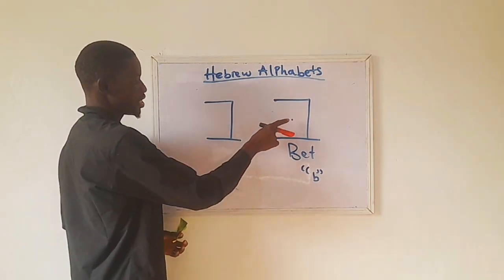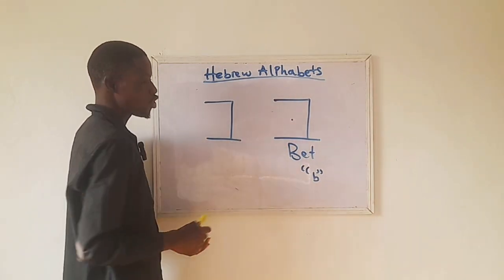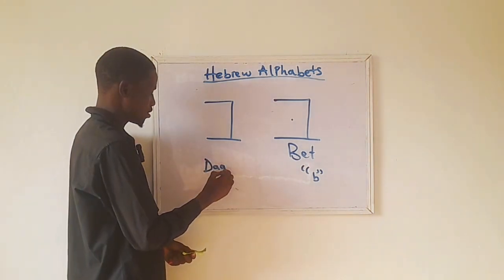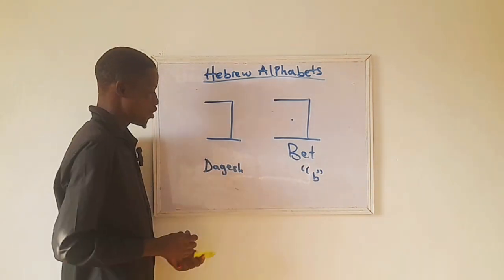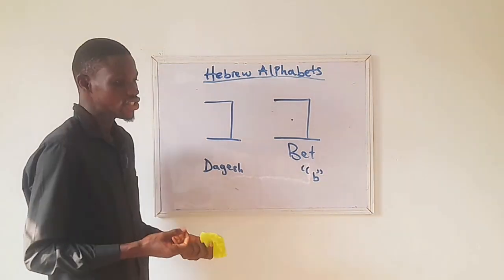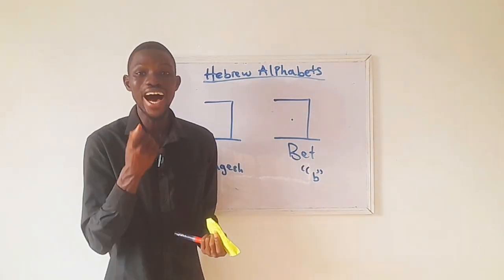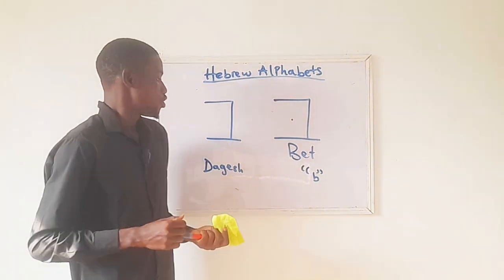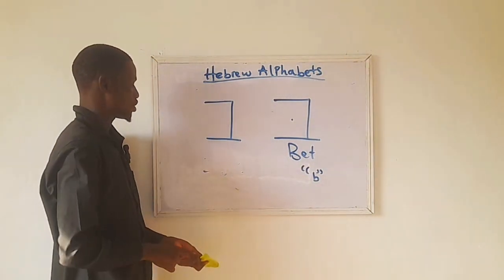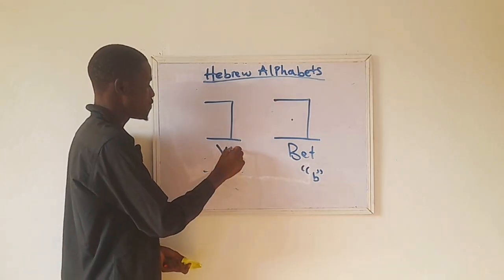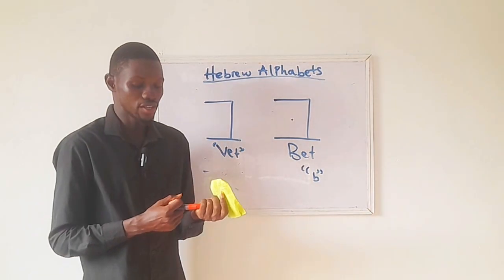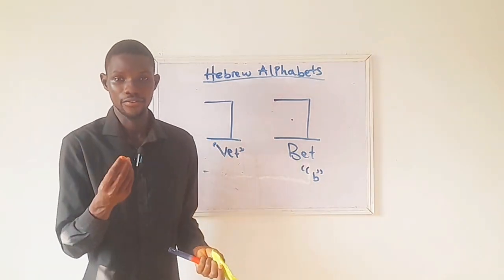Whenever you see a dot like this in the middle of the letter, this dot is called a dagesh. What is the work of a dagesh? Dagesh makes a letter sound harder. In other words, this is the same letter, but without a dagesh, it's pronounced vet. Very, very soft.